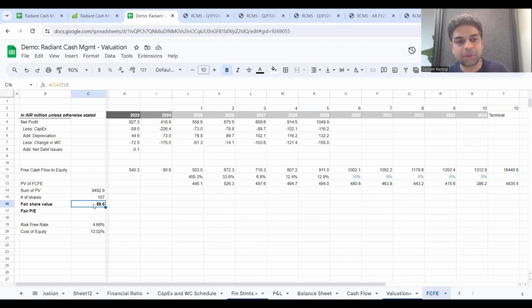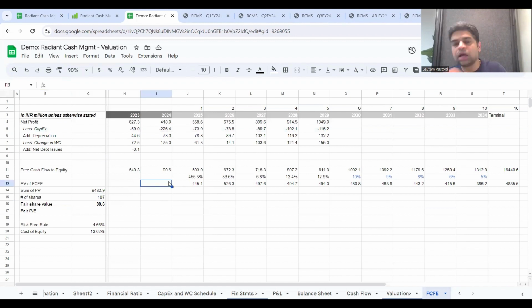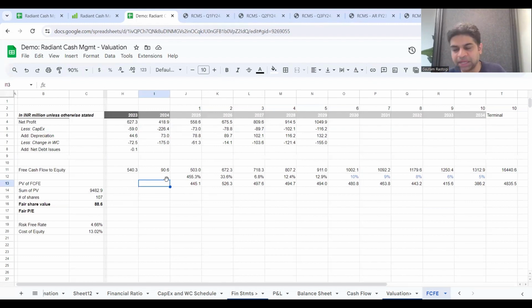In fact, I still believe my capex is very high. If I reduce my capex, then I may generate more free cash than what I'm generating right now. And also, if they are able to drive more operating leverage, then again the margin may increase.